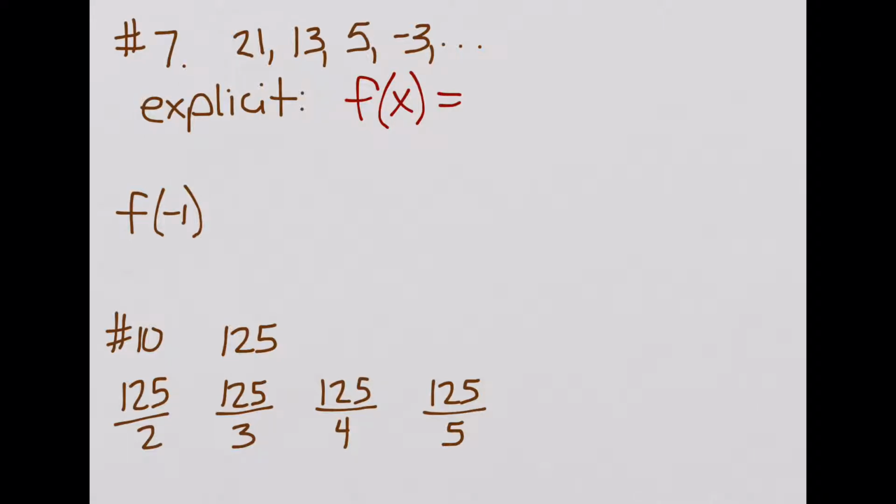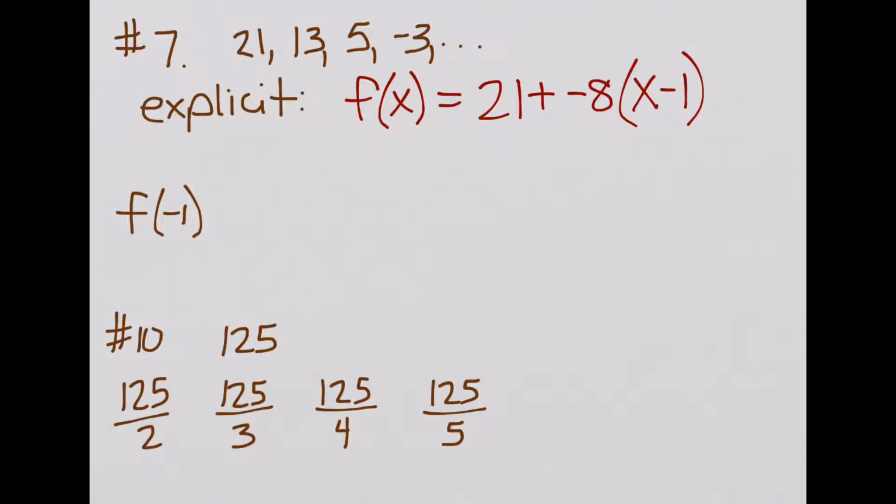Well, to get from 21 to 13, I subtracted 8. 13 to 5, yes, that's subtracted 8 also, and 5 minus 8 is negative 3. So that helps me out a lot. That tells me that my pattern is I'm adding negative 8. And this is arithmetic, so it's going to have no exponents, but it's going to have these parentheses. And so that is a good answer for an explicit equation.